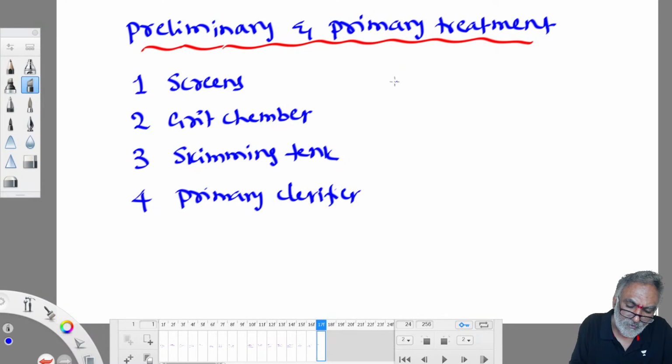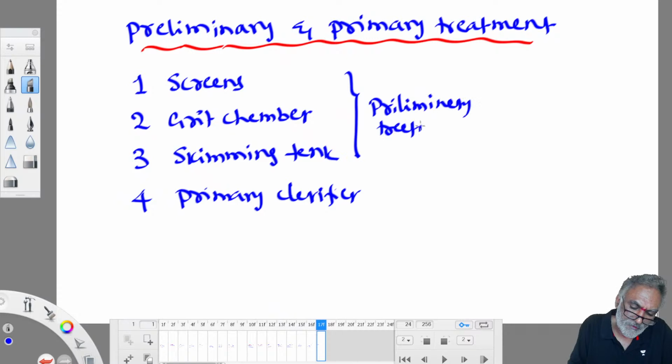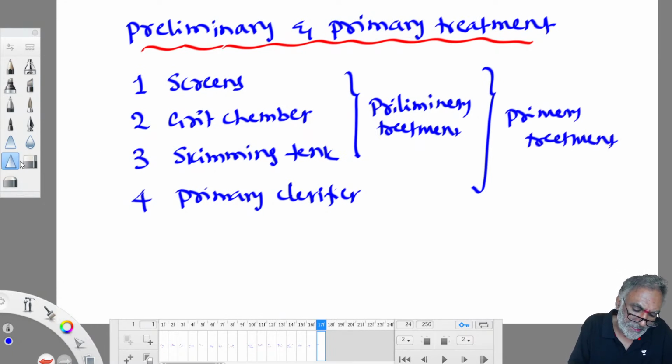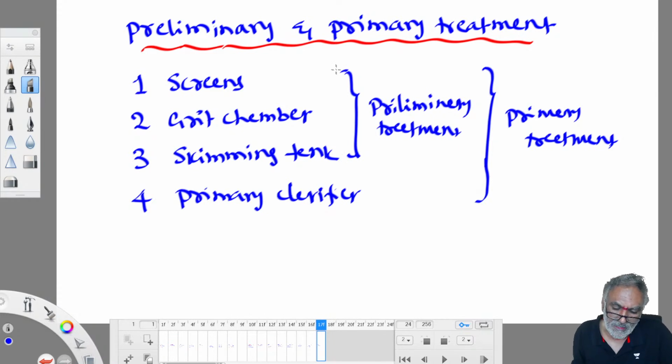If you stop at the skimming tank, it is called preliminary treatment. If you go beyond that, all four of them together are known as primary treatment. That's a point you need to keep in your mind. We employ only these three for preliminary treatment, and if you include the primary clarifier also, then it's called primary treatment.